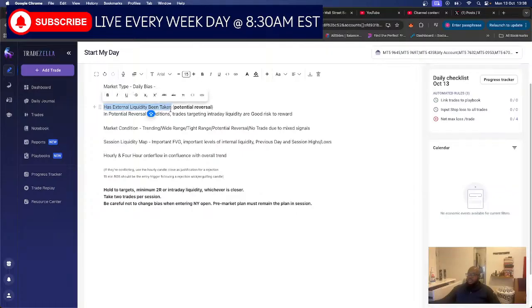Then we figure out, if we've identified the external target, has external liquidity been taken? And if external liquidity has been taken, it changes quite a few things. That means there's a potential for reversal, and we can start targeting our intraday session liquidity levels to have price target to go lower.